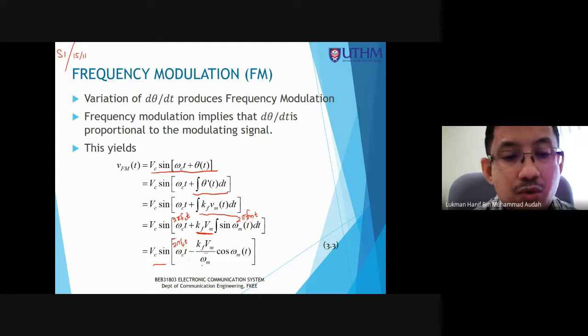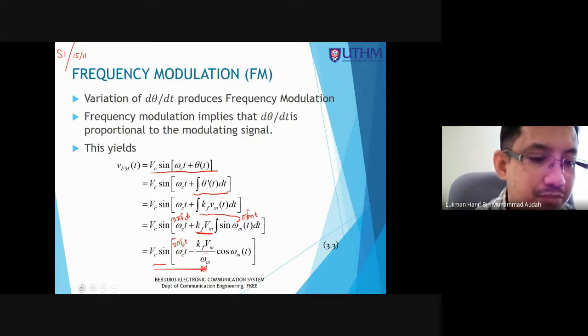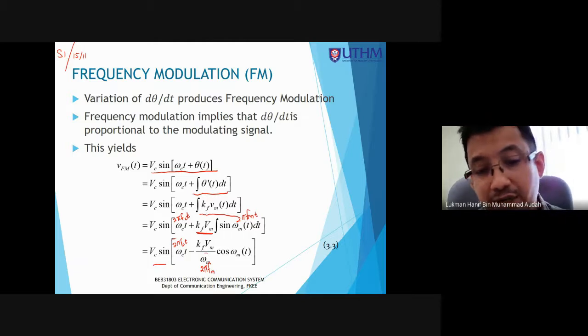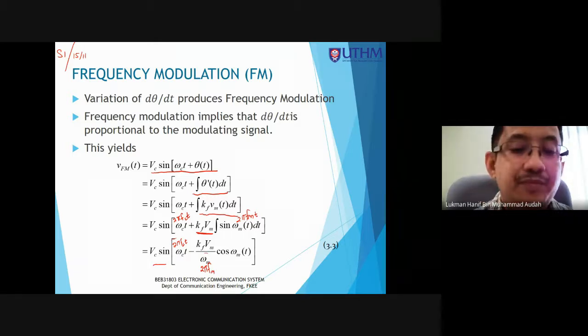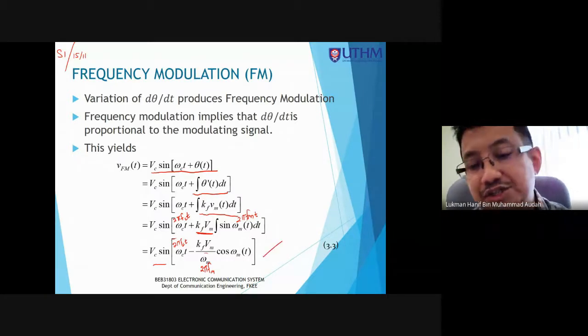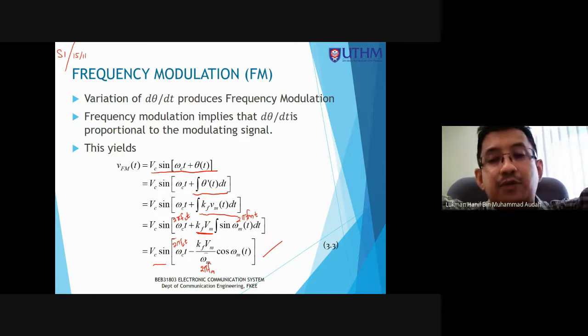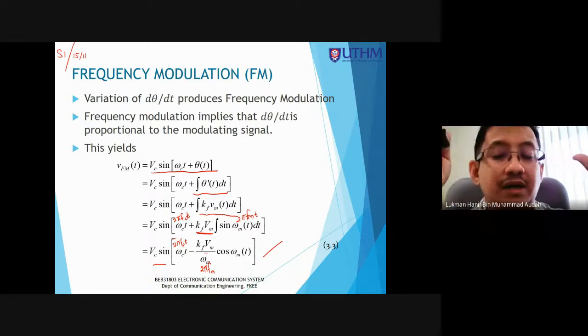Okay, so omega m, you can write omega m, or you can write 2 pi Fm. Okay, sama ada nak tulis omega m ataupun 2 pi Fm. Okay, cos omega m t. So close big bracket. So this is the general equation for frequency modulation. Tadi daripada persamaan umum angle modulation, kita terbitkan persamaan Fm.